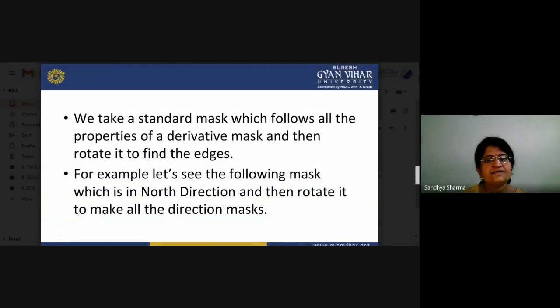So we take a standard mask which follows all the properties of a derivative mask and then rotate it to find the edges. For example, we see the following mask which is the north direction mask, and then rotate it to make all the directional masks.